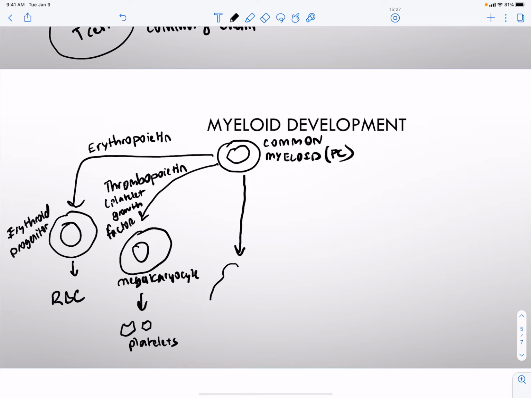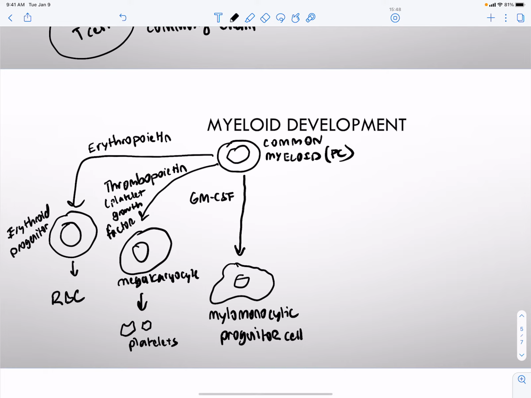This kind of looks like a macrophage. And this is going to be caused by some growth factors. And this is GM-CSF. We have G-CSF and M-CSF.